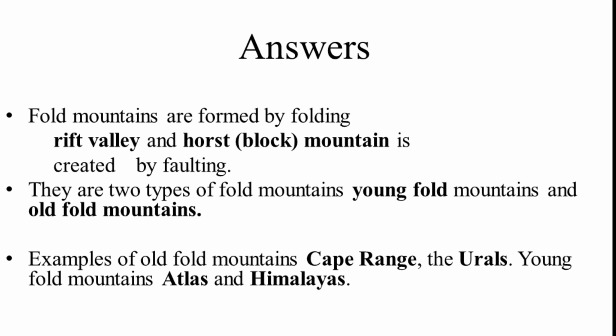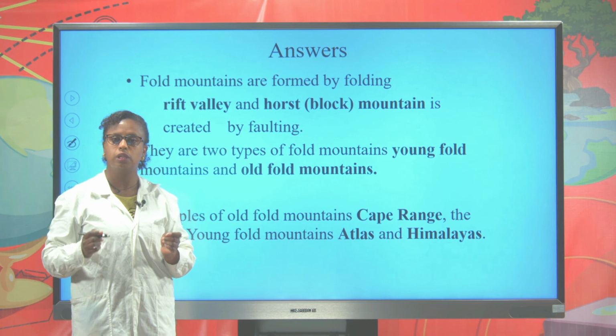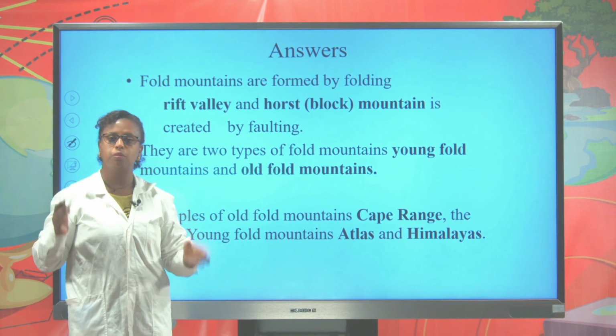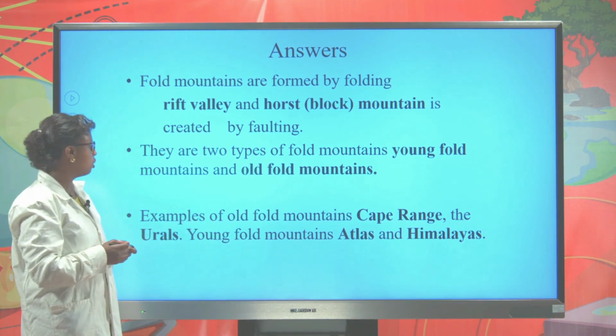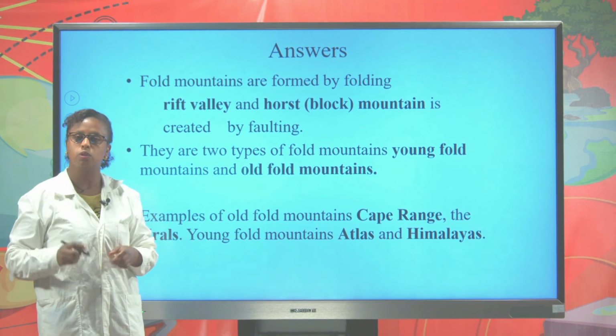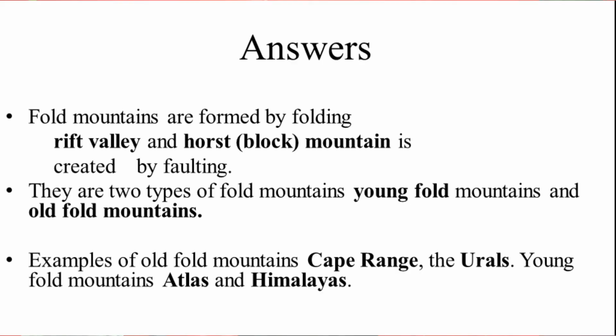But based on the above lesson, the formation process of rift valleys and block or horst mountains are different. Rift valleys are created when the land between the two faults sinks down, whereas the block or horst mountains are formed when the land between the two faults pushes upwards because of the force inside the crust of the earth. Let's move to the second answer.